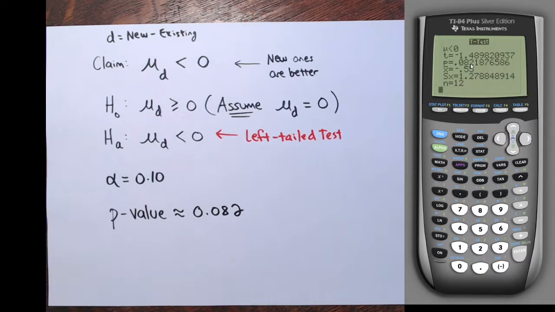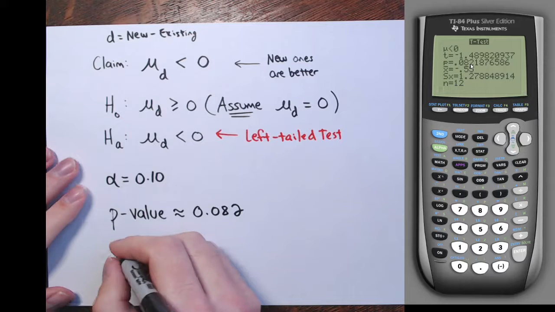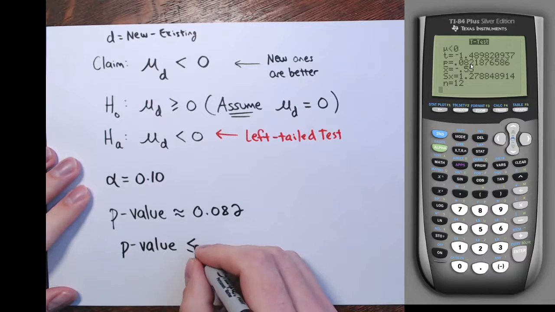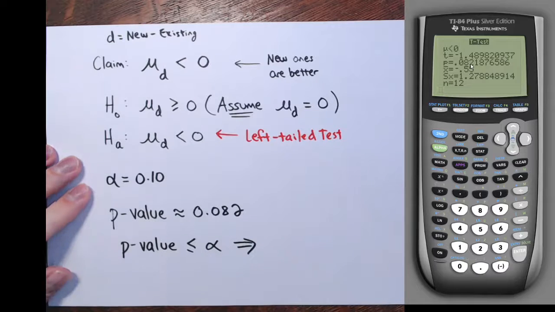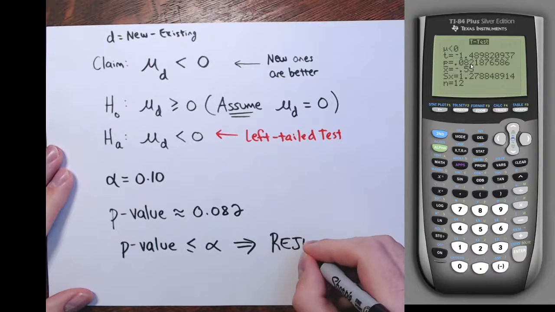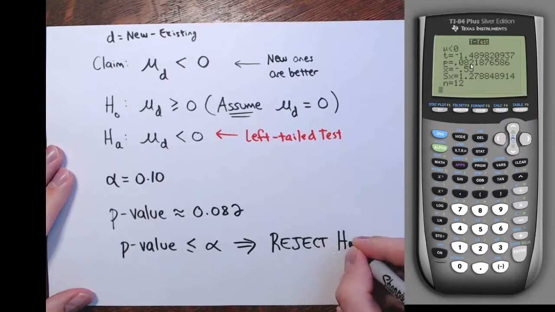All right. And then what do we do? Remember, you compare the p-value to alpha. Now the p-value is only 8%. Alpha is 10%. The p-value is less than alpha in this case. If that happens, remember, if the p-value is less than or equal to alpha, you're going to reject the null hypothesis.